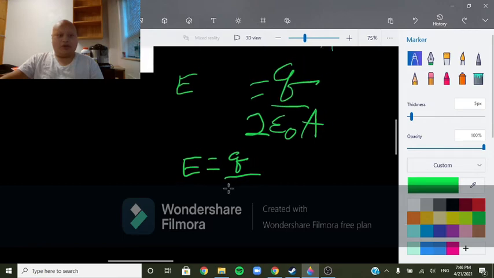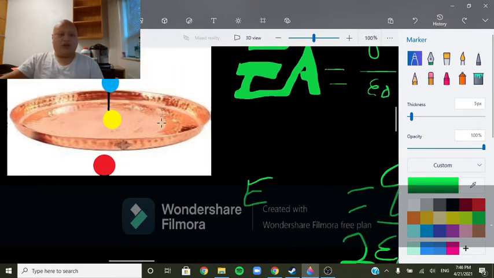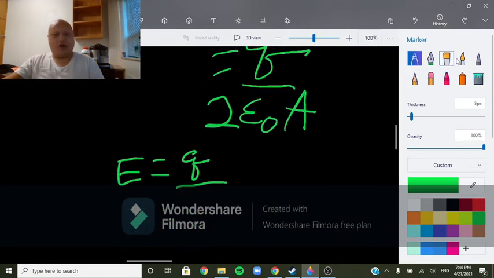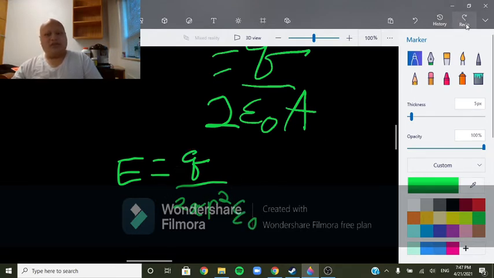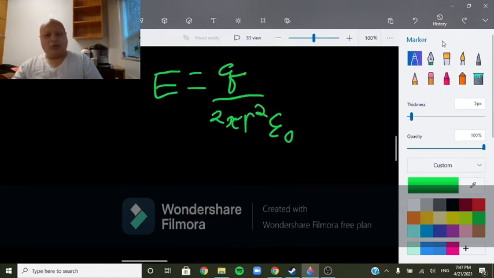Now we have to plug in the surface area, the area of a circle for A, and that's pi r squared, and it turns this equation into E equals the enclosed charge over 2 pi r squared times epsilon naught. Now we plug in the numbers.